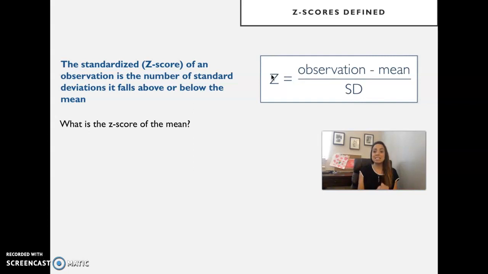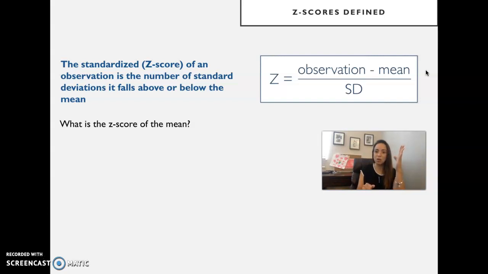So what is the Z-score of the mean then? Let's check your understanding. This is the formula, and we talked about that on the previous video, but let's get that hammered in. If somebody took the SAT test and scored at the mean, what would be the Z-score? 0, right?